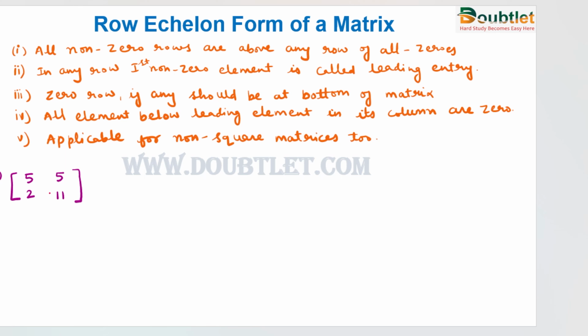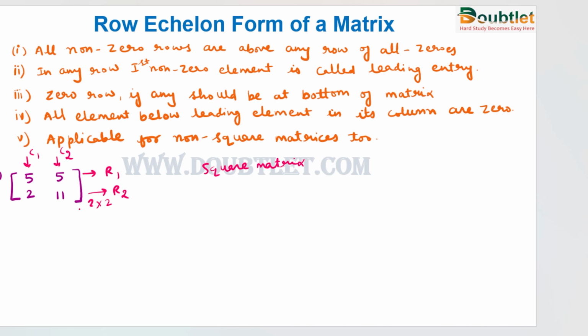This is the first matrix. It is a 2 cross 2 matrix, meaning it is a square matrix, and all the elements in this matrix are non-zero. This is the first row, this is the second row, this is column 1 and this is column 2.